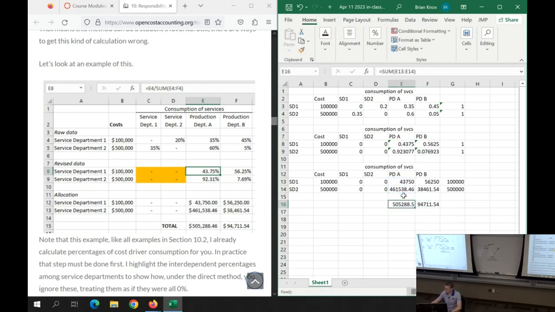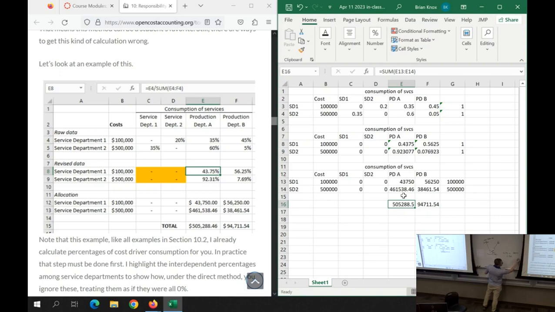So the corporate allocations, it's literally a journal entry, or effectively is just a journal entry. We're debiting Production Department A a total here of $505,000. We're crediting these service departments.